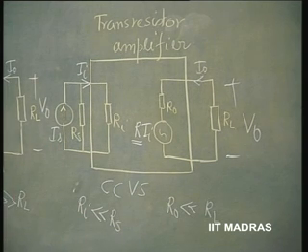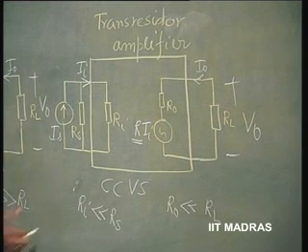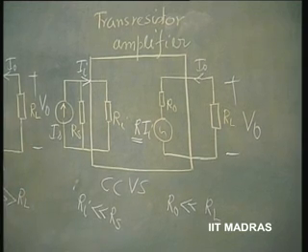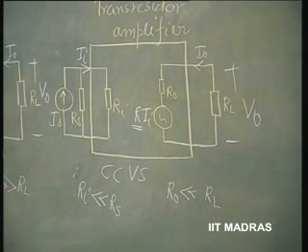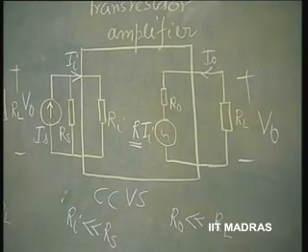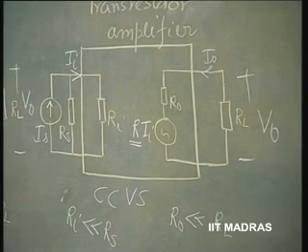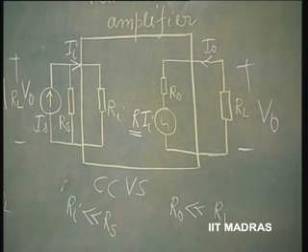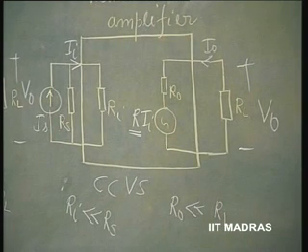And as I told you, this kind of transresistor amplifiers are not all that common practically. Most of the amplifiers which have been designed in present day, either they are going to be voltage controlled voltage sources or these transconductor types.